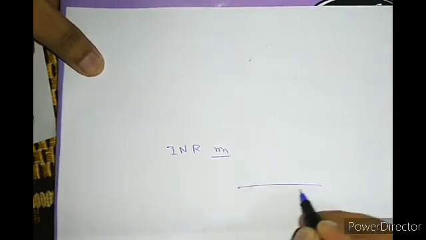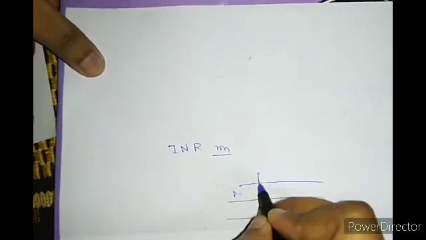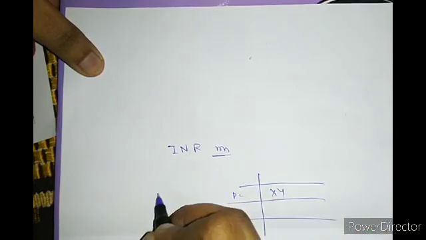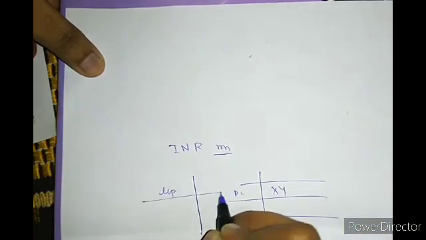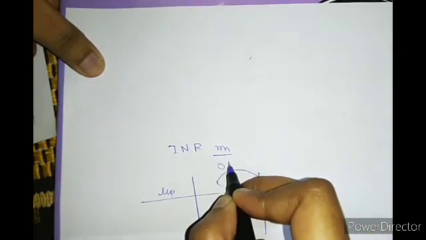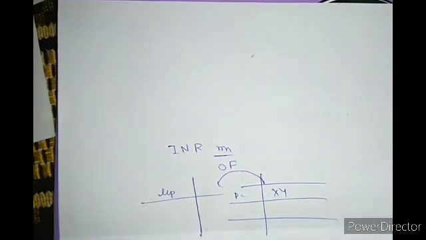First of all, obviously, opcode fetch, OF. Fetching is over. In decoding, it says that you have to increment the data that is stored at the location pointed to by the HL pair.